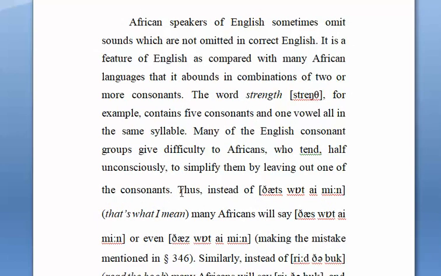African speakers of English sometimes omit sounds which are not omitted in correct English. It is a feature of English as compared with many African languages that it abounds in combinations of two or more consonants.